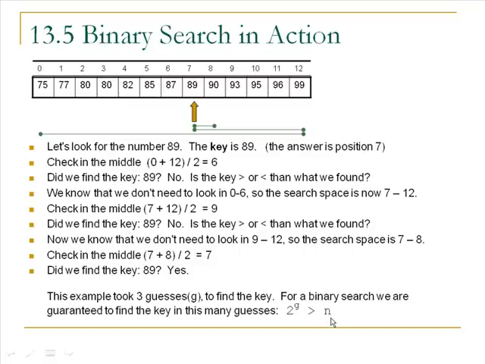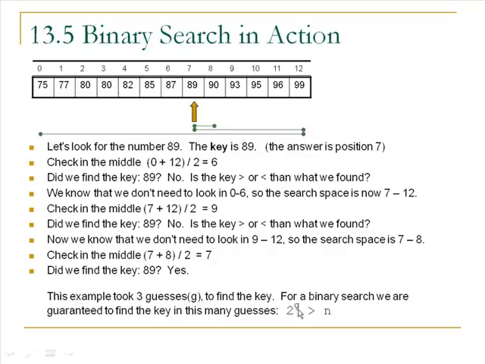N is the size of the array. G is the number of guesses, or the number of comparisons, it takes to find the value that we're looking for. It took us 3 guesses this time. 2 to the power of 3 is 8. 8 is not greater than 12, so we were a little bit lucky to find 89 in 3 guesses.